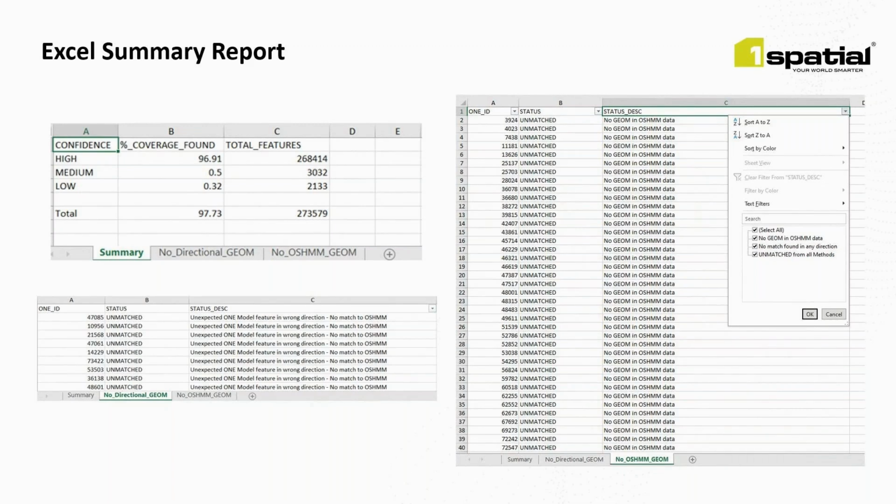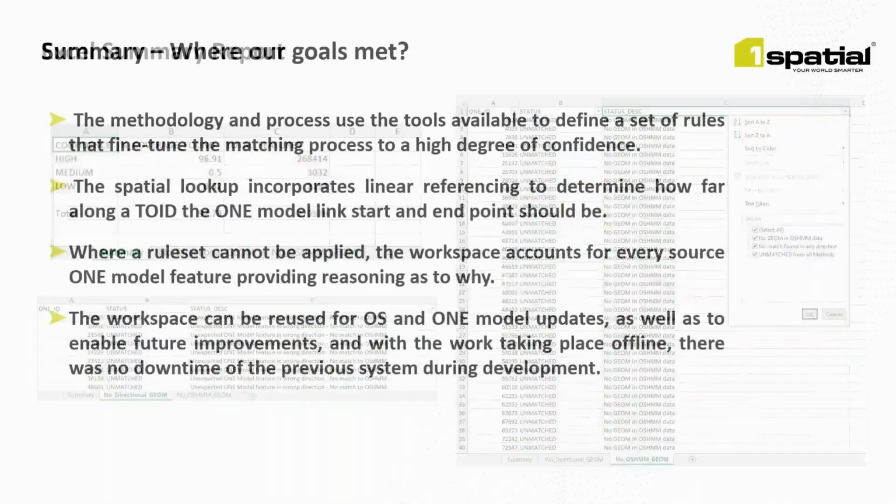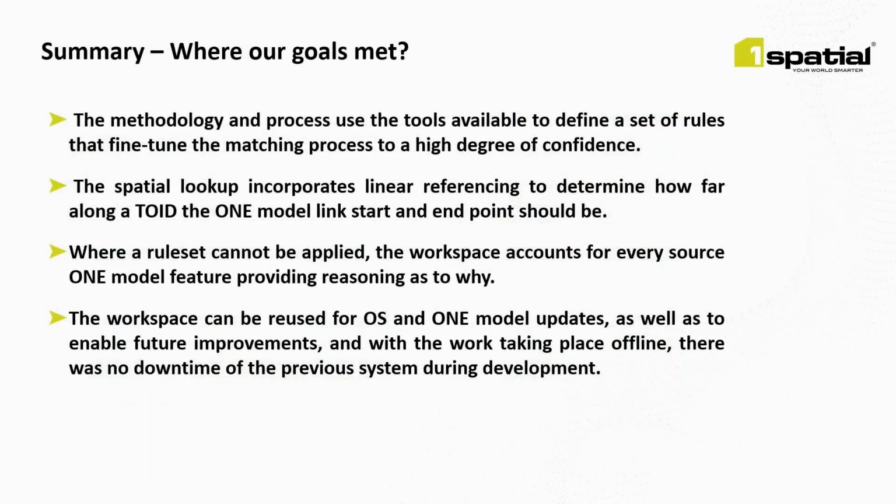So if we just summarize then, were all our goals met? The methodology and process used the tools available and we were successful in defining a set of rules that fine-tuned the matching process to a high degree of confidence.